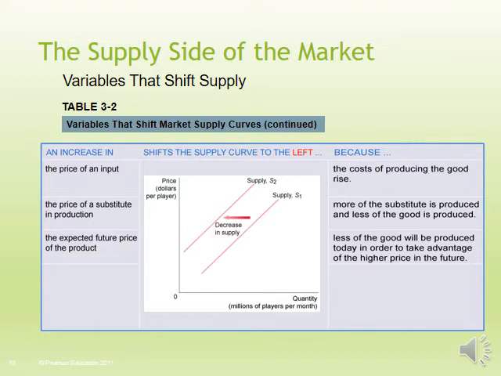That is going to lead to a decrease in the number of websites that can be offered at every price, or the expectation of a future price of a product.